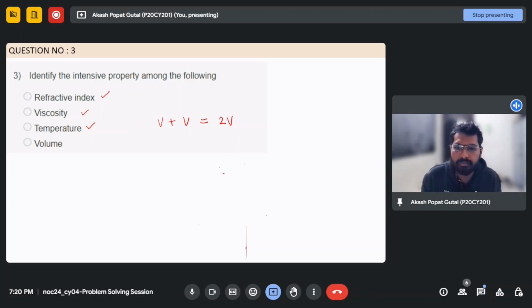It may be 2V or less than 2V, it depends. So volume is additive. That's why, and also it depends upon how much gas you take: the more gas, the more volume it will occupy.